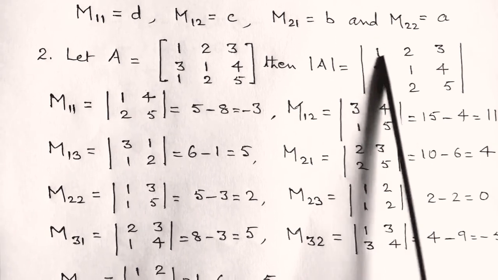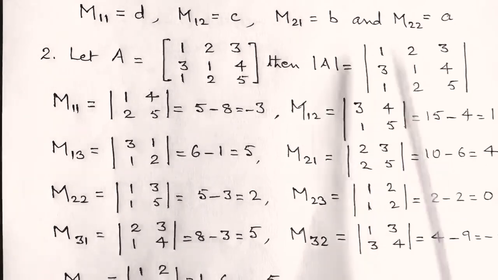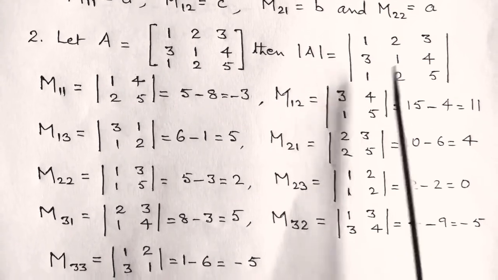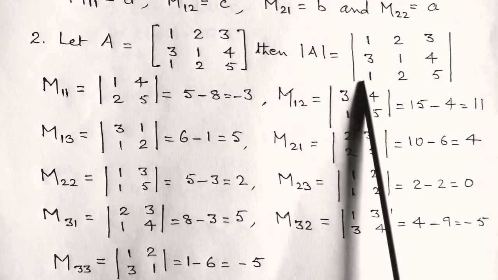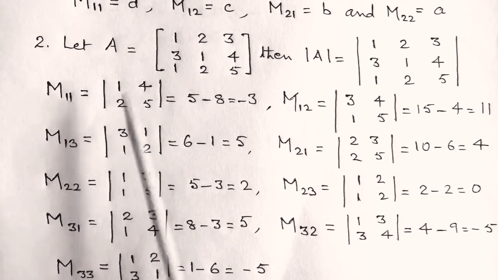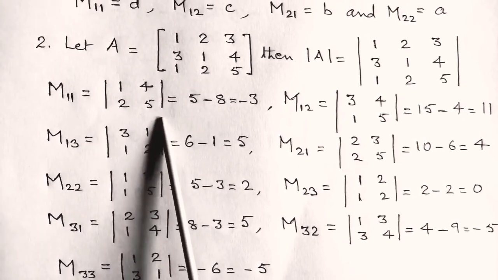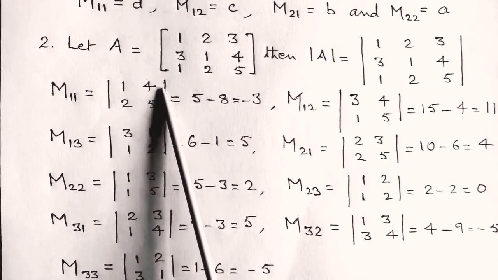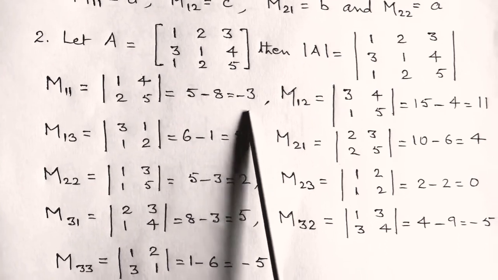So, minor of this 1 will be: leave the row and column. Right? So, take its determinant. So, if I leave this row and column, you are left with 1, 4, 2, 5. So M11 is |1 4; 2 5|. Now simplify this. So 1 into 5, that is 5, minus 2 4s are 8. So 5 minus 8 is minus 3.